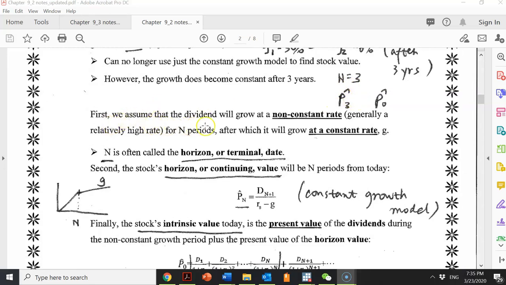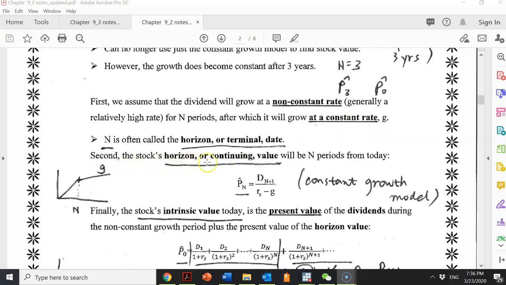First, we assume that the dividend will grow at a non-constant rate, generally a relatively high rate, for n periods, after which it will grow at a constant rate G. So this dividing date n is called the horizon date or terminal date. After this date, we have a constant growth rate. Before this date, we do not.